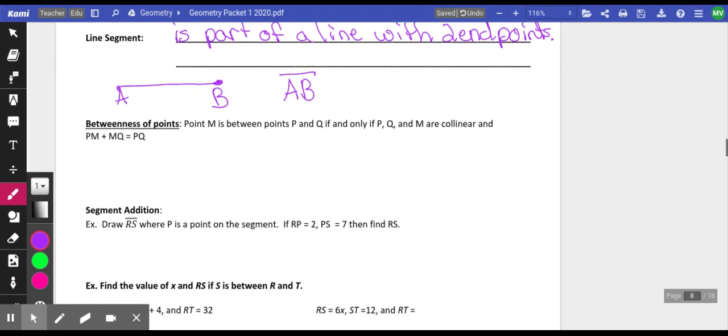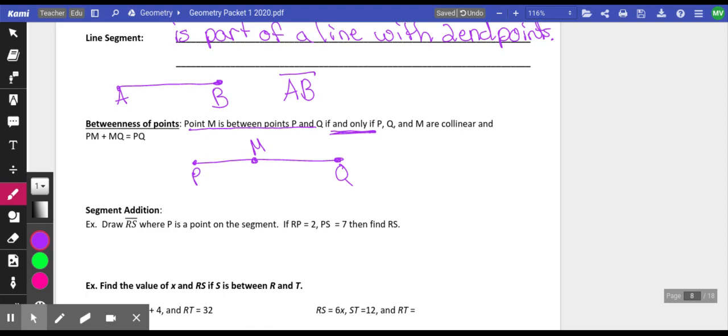Betweenness of points. If point M is between points P and Q, this really means that if I draw segment PQ, M is somewhere in between them. This is true if and only if P, Q and M are collinear, meaning they're on the same line.